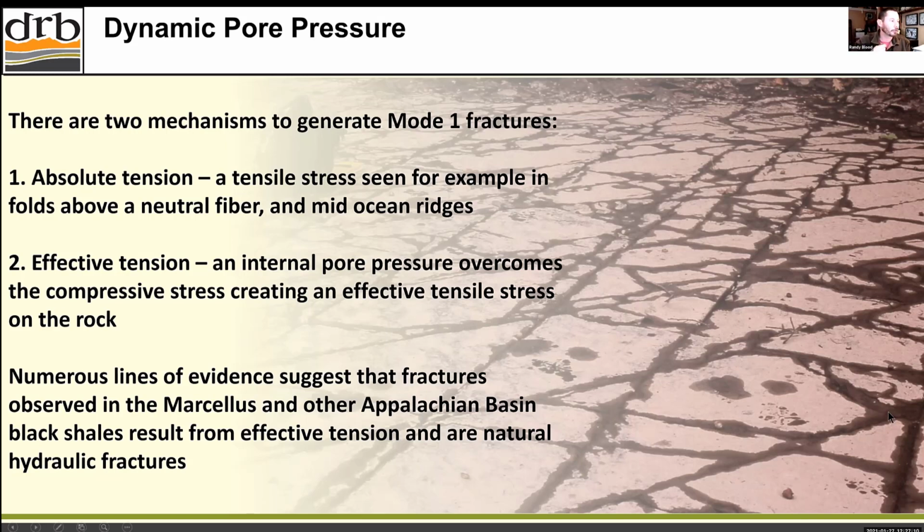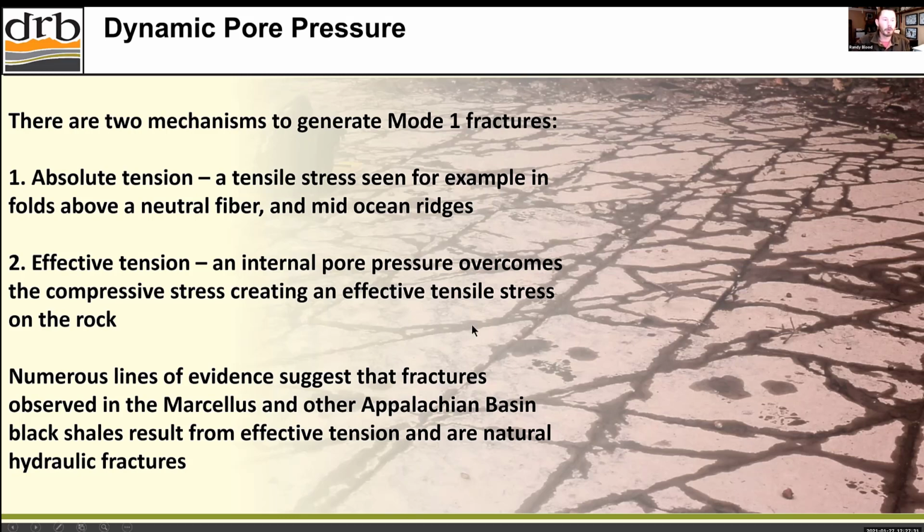The other way to get mode 1 cracks is by generating an effective tension. This occurs when you have a pore pressure in the rock that builds and overcomes the confining stress on the rock, causing the rock to fail under effective tension as opposed to absolute tension.